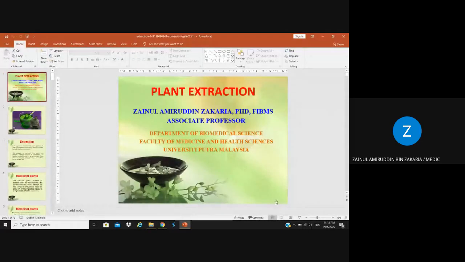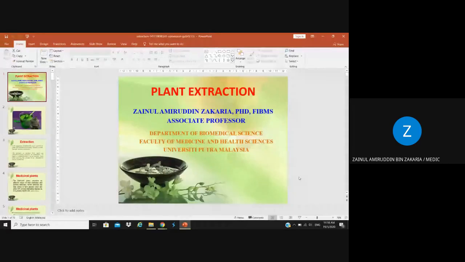So there are various types of extraction to get the bioactive compound. For example, morphine. Morphine is a pure compound. It comes from a plant called Papaver somniferum, if I'm not mistaken.